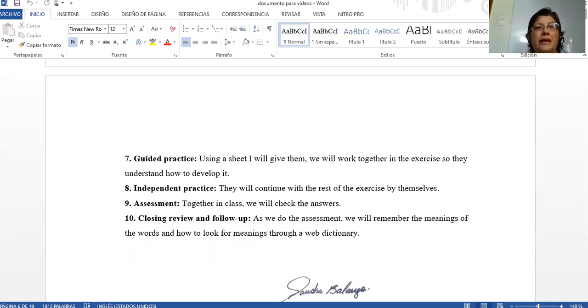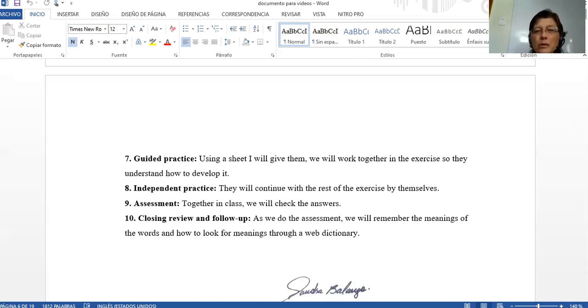And then they will be working in class. They will be doing it in class. They will be completing the exercise. And at last, as an assessment, we will check if the exercise was done correctly.